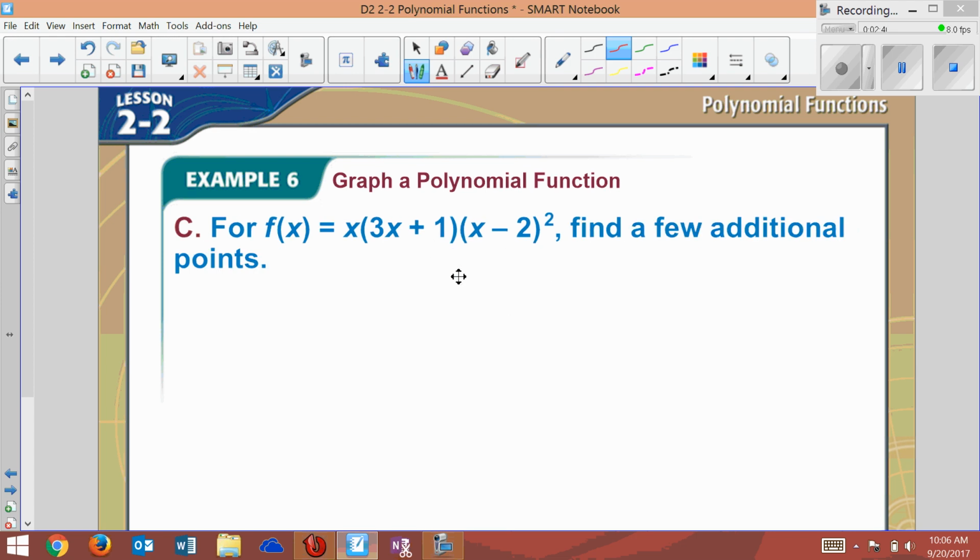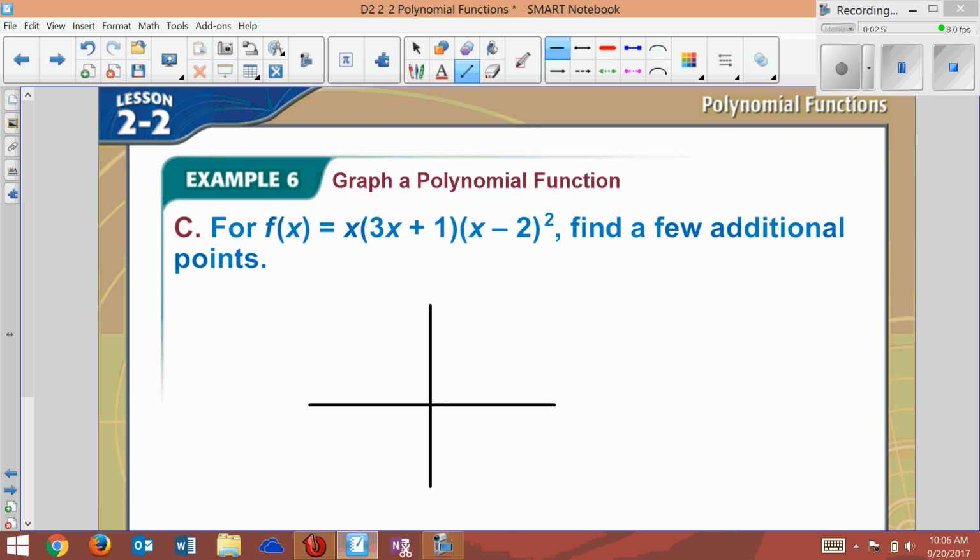And so if I had to graph this, what I could do right away is I know those points, and I know how it's going to face. So we said we know it's going to hit right there at 0. We also know it's going to hit at -1/3, which I'll just do really close, and then at 2. So if that's -1/3, 1 unit would be about that far away. And so this would also hit on that spot there. I'm going to change my color so it's easier to see. So here's what I know. It's going to come up like that, and it's also going to hit there.